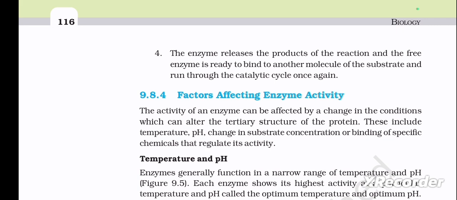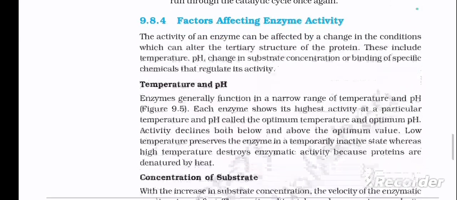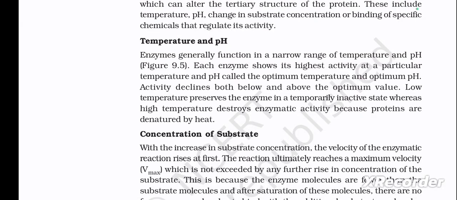Next is 9.8.4, factors affecting enzyme activity. The activity of an enzyme can be affected by a change in the conditions which can alter the tertiary structure of the protein. These include temperature, pH, change in substrate concentration, or binding of specific chemicals that regulate its activity. Next, temperature and pH.